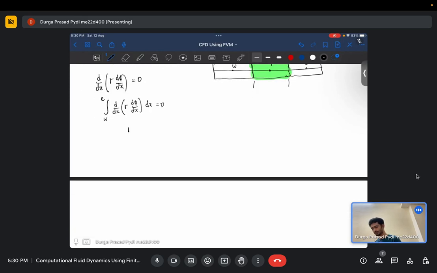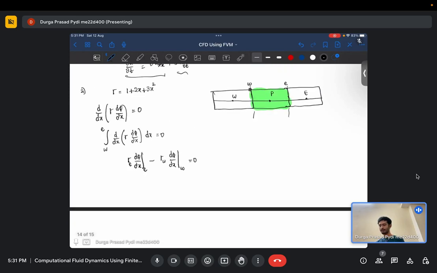Essentially the expression is gamma d phi/dx on the east face minus gamma d phi/dx on the west face equal to 0. The next step is to have expressions for d phi/dx on the east and west faces.